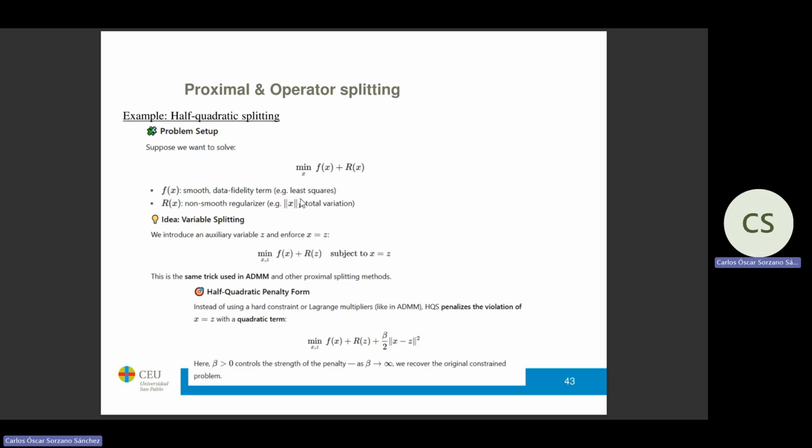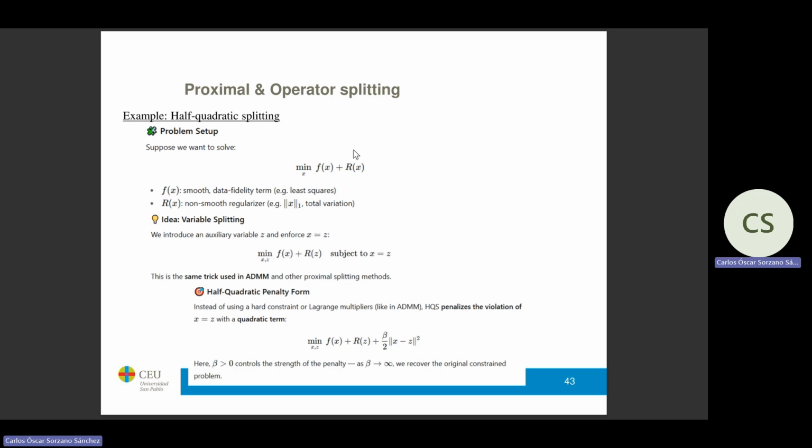One of the interesting regularizers, probably you are not in image processing, but in image processing, is total variation. It is one of the important regularizers, and it tends to make smooth images. So what we will do is what is called variable splitting. We will split the problem into parts.